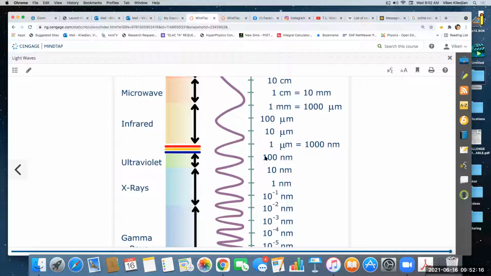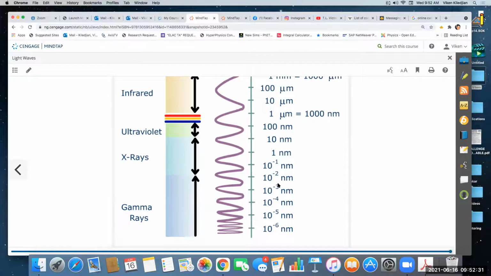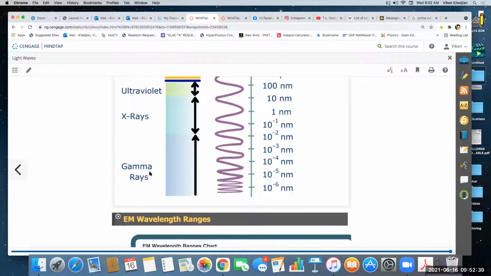So ultraviolet ranges from 100 nanometers to 10, and then X-ray would go all the way from 10 nanometers to around 1/100th of a nanometer. 10 to the minus 2 is 1/100th. And then 1/100th of a nanometer all the way to 1/1,000,000th of a nanometer, that would be gamma rays. Those are the most dangerous.